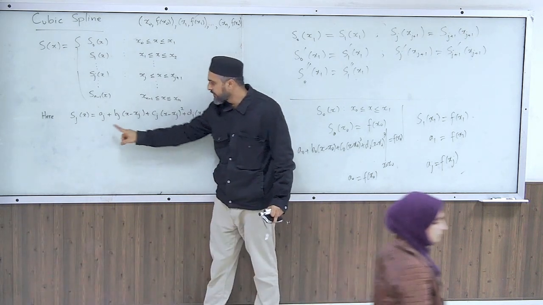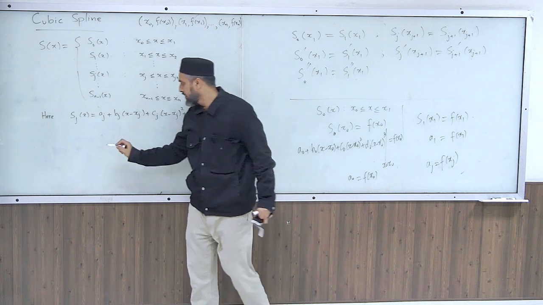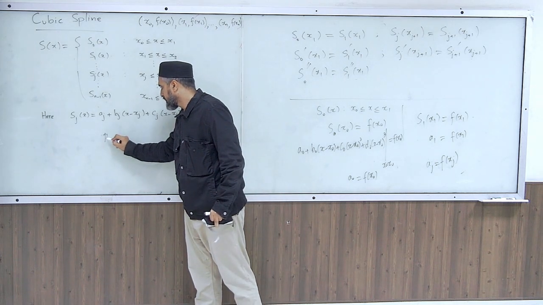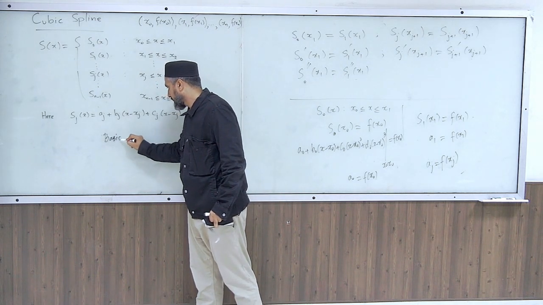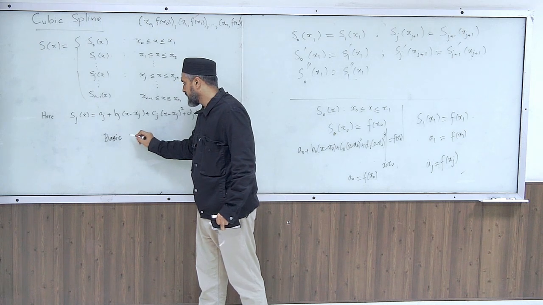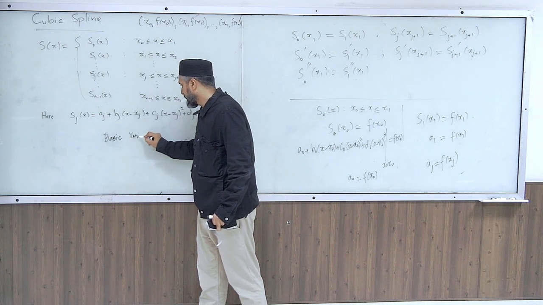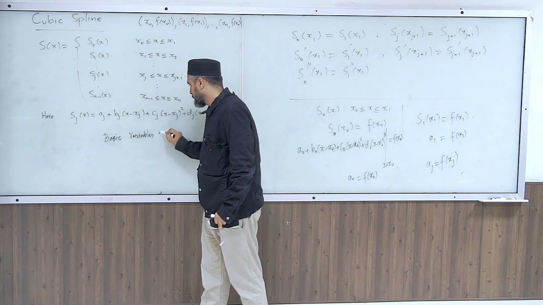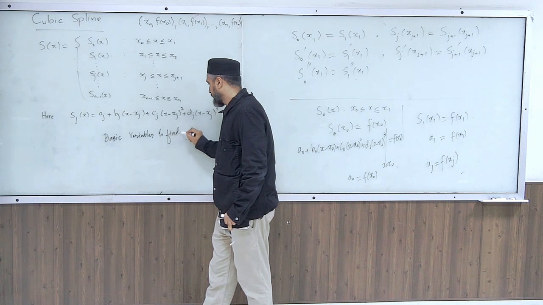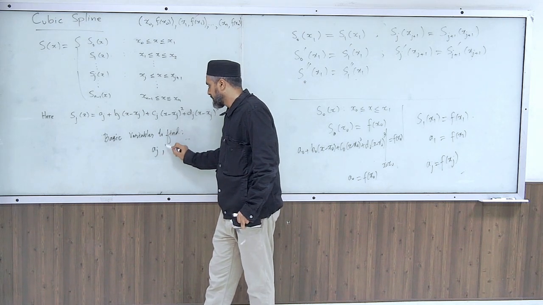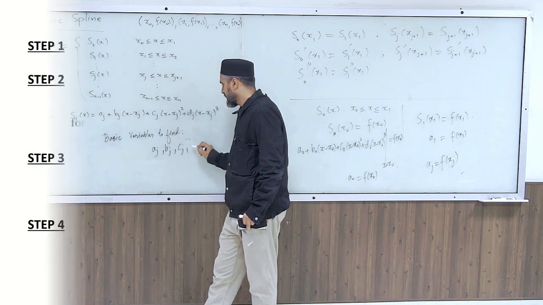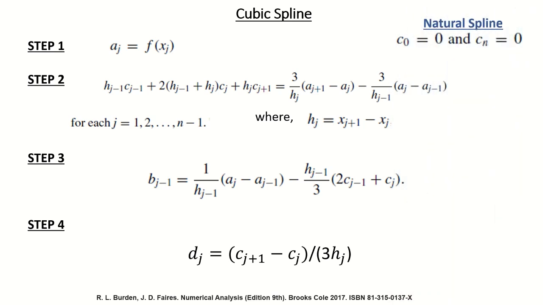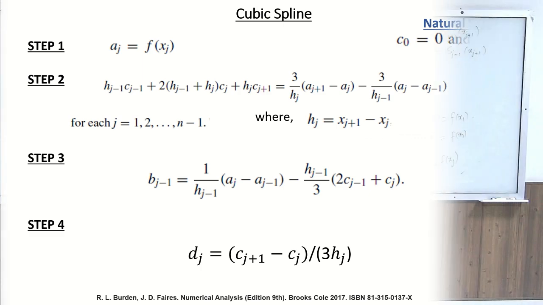So we have to find the aj's. The basic variables to find are aj's, bj's, cj's and dj's. We need to find them, because once we find them, we'll be able to construct our cubic spline.